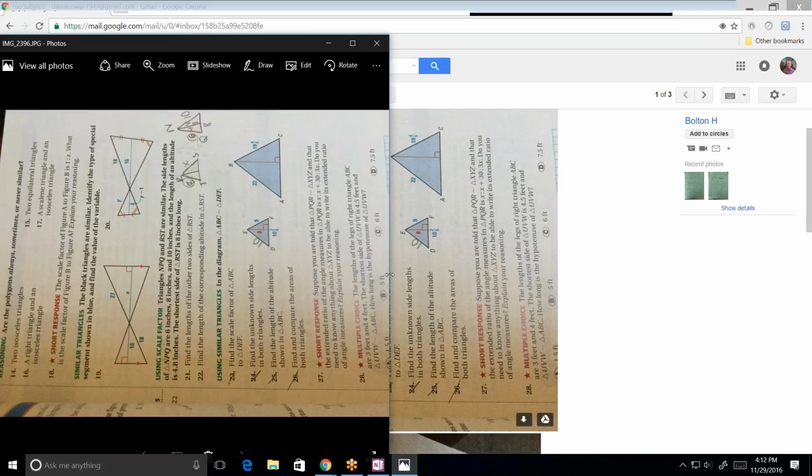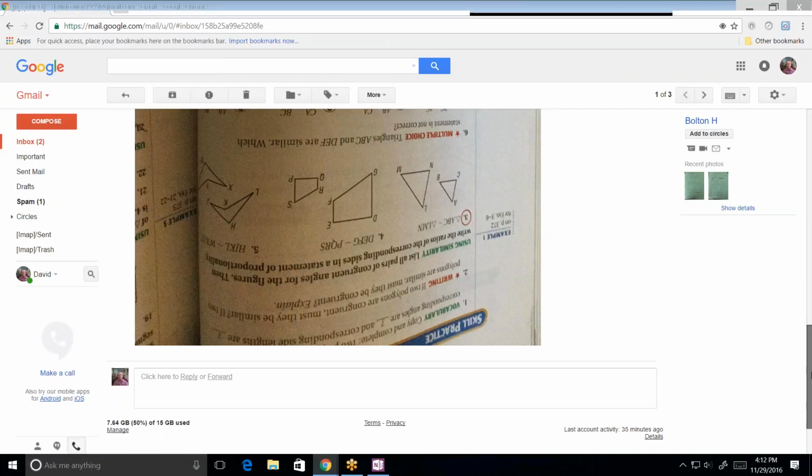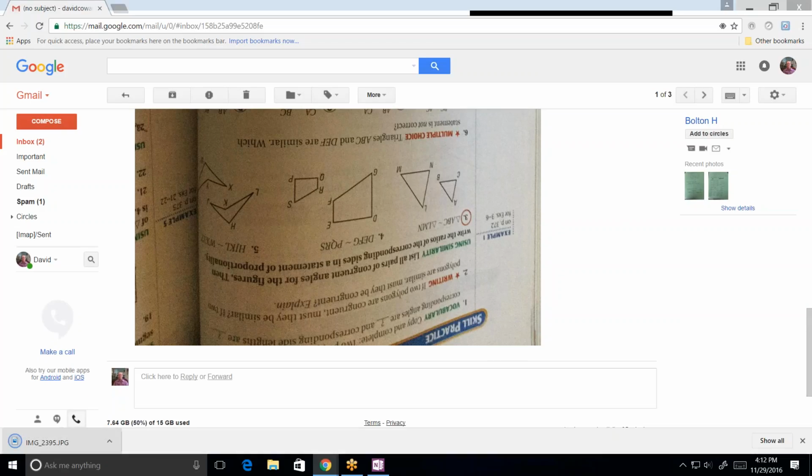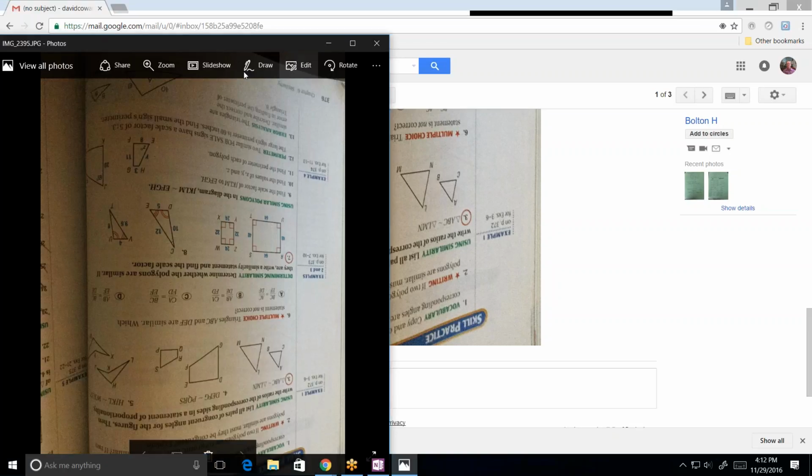Is this the one you want to start on, or the other one first? The other one, the bottom one. Okay, let's do that. I just send them in the opposite order in which I take them because that seems to be the easiest way. I didn't notice that download button right there that allows me to download the file. Now I can rotate it.